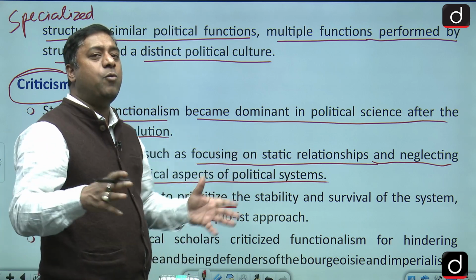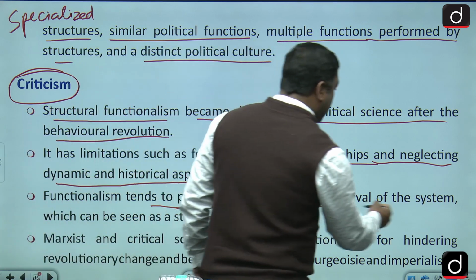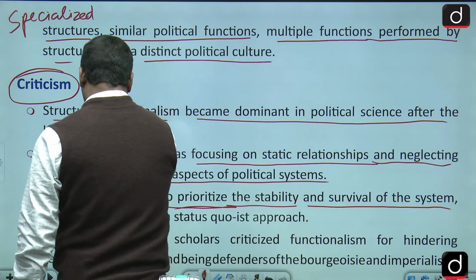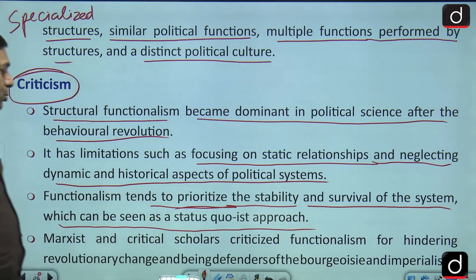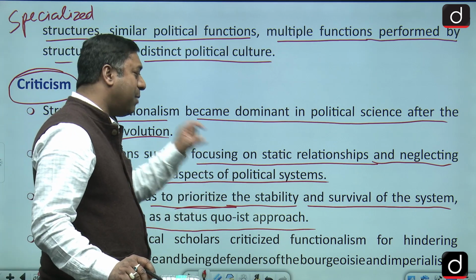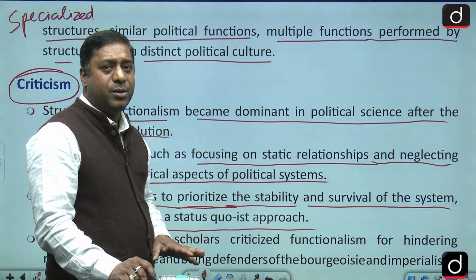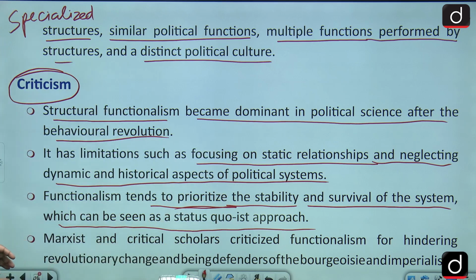It tries to prioritize the stability and survival of the system, which can be seen as a status quo approach. So this can be seen from a negative side, that is a status quoist approach.